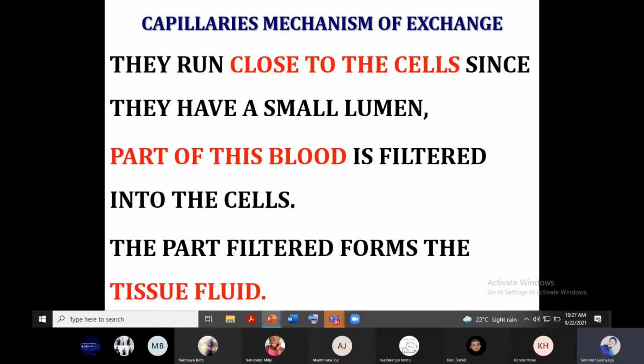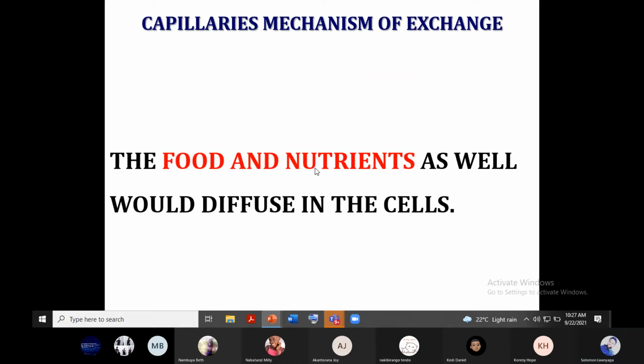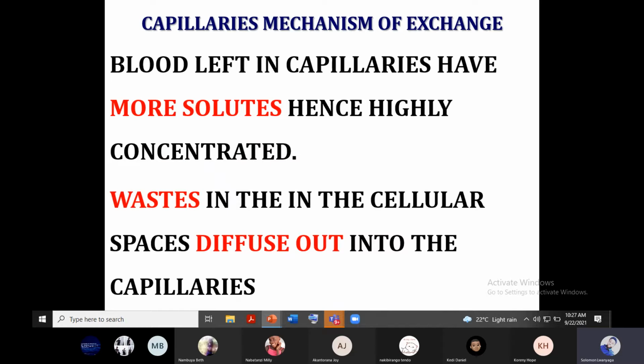And now, as a result, what remains inside the blood is very, very concentrated. And remember, we said osmosis is the movement of molecules from regions of high concentration to regions of low concentration across a semi-permeable membrane, and even diffusion, the movement of molecules from regions of high concentration to regions of low concentration.